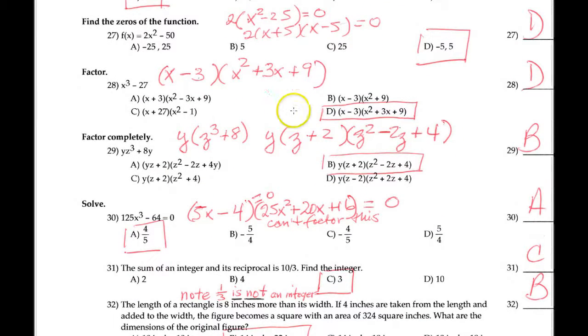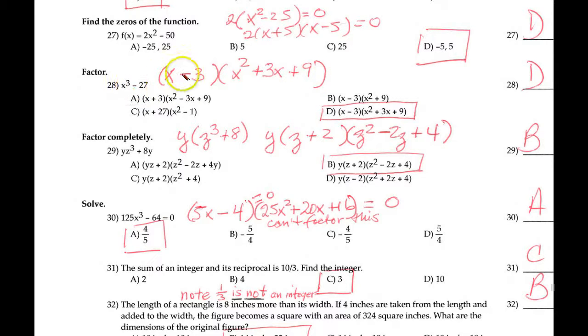Going on now to number 28. We have the difference of perfect cubes. And we said the recipe was a parenthesis for 2, a parenthesis for 3.